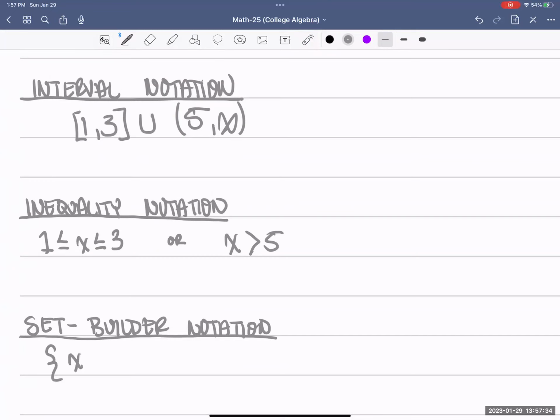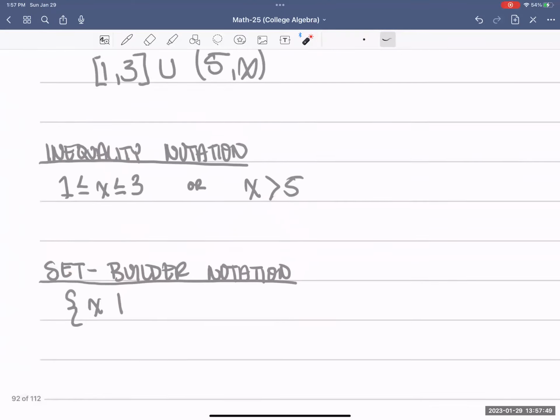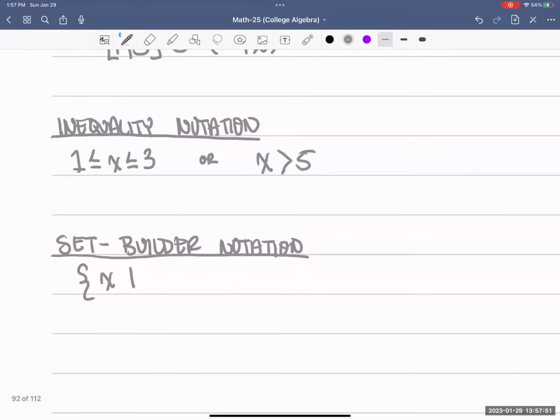We say x, given that x belongs to this set or that set. This line right here is, we consider that given. So x given that 1 is less than or equal to x, less than or equal to 3, or that x is greater than 5.